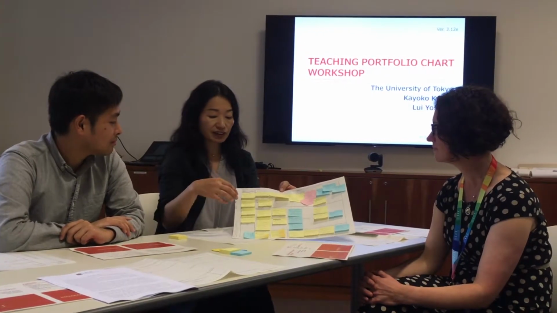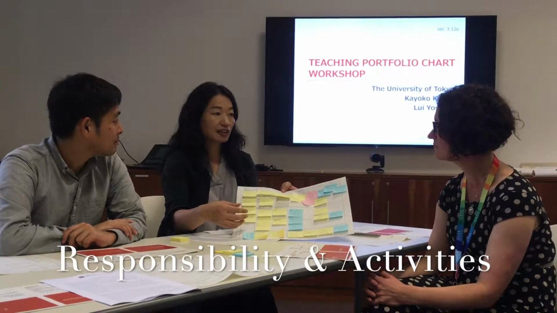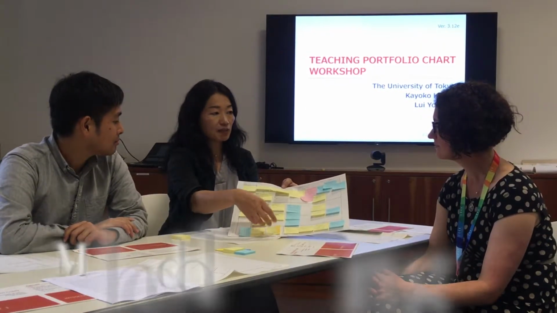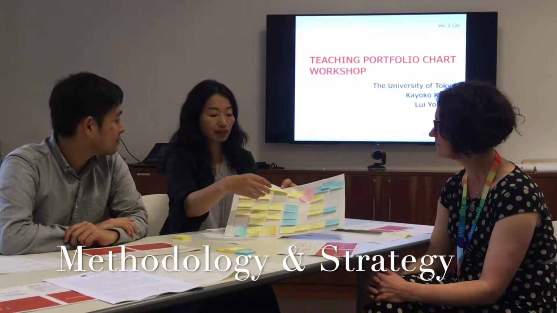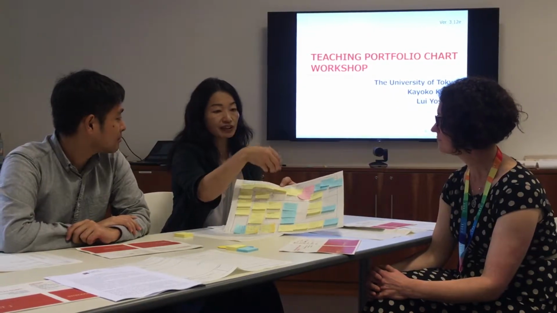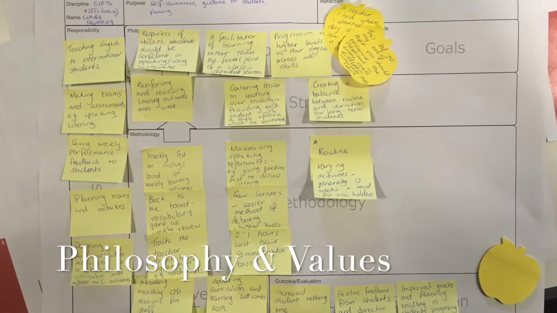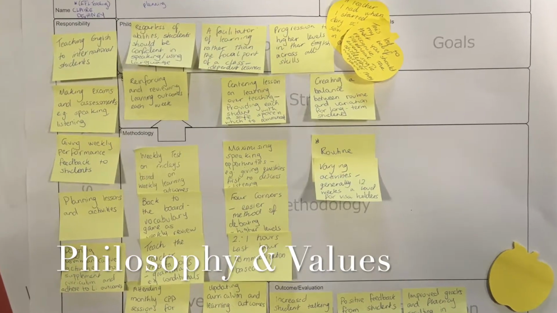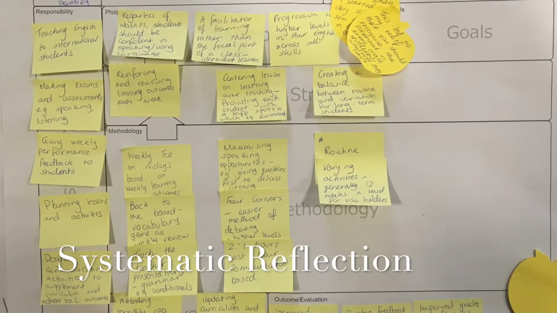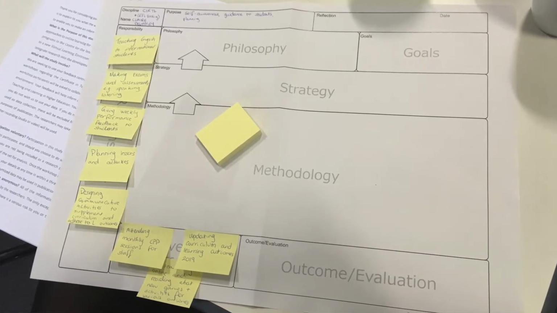You can start from your teaching responsibility as a practical teaching activities, and then deepen your reflection onto the methodology and strategy, and reach at your philosophy by yourselves. A systematic reflection process by stepping box to box, one by one.